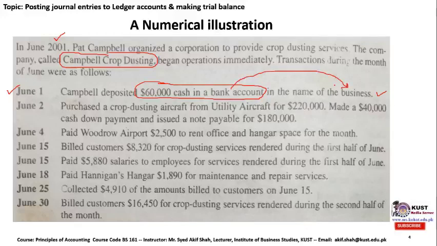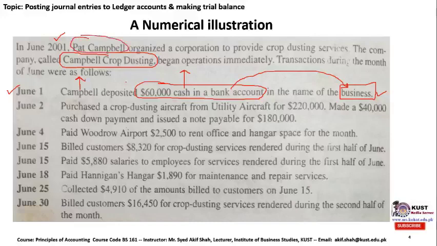If the bank account belongs to that particular business, it means that the company's cash level has increased in the bank. And who has deposited this amount? Pat Campbell has deposited this amount. And who is Pat Campbell? Pat Campbell will definitely be the owner of this business.